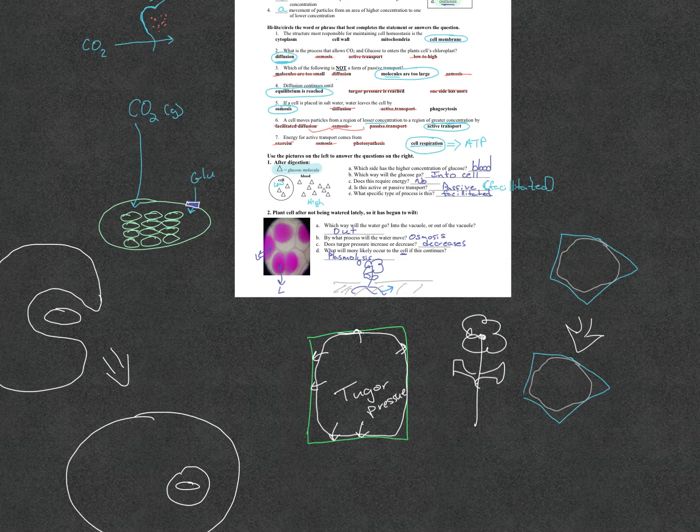There's less turgor pressure because the cell is shrinking because there's less water inside. As the cell shrinks, it stops being able to function and it dies. We call that shrinking of the plasma membrane, and the extreme shrinking, we call it plasmolysis.